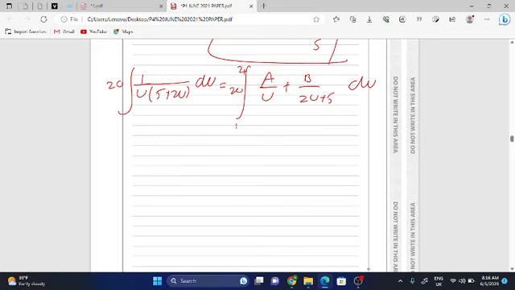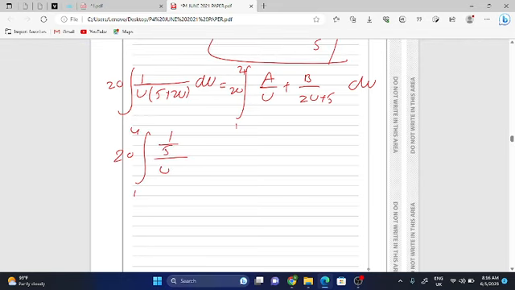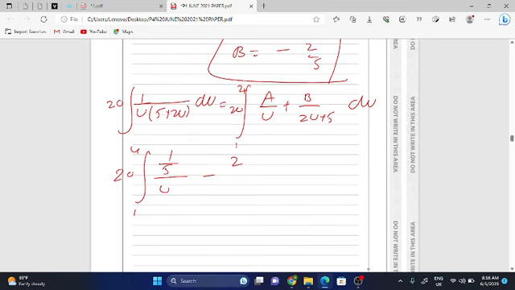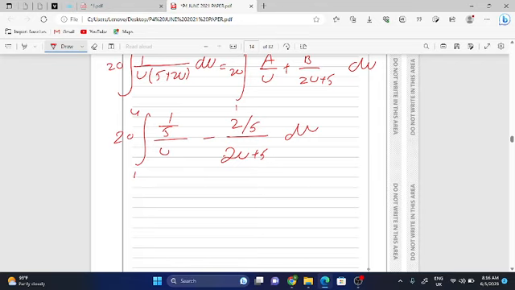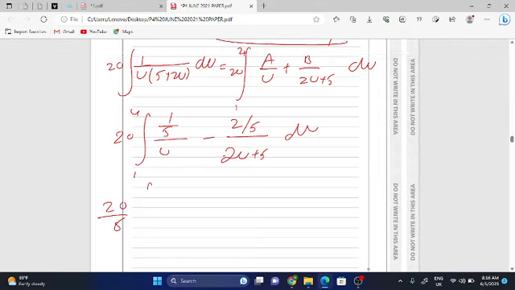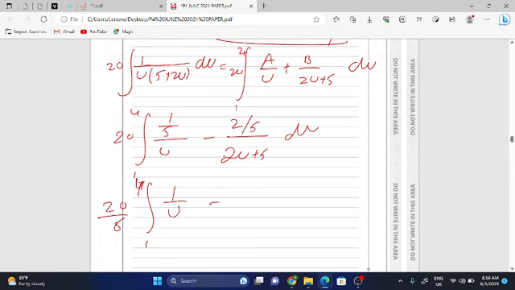So you can plug back its values over here. So 20, 1 to 4, the value of a is 1 by 5, dividing by u, minus b value, minus 2 by 5, so it would be 2 dividing by 5 dividing by 2u plus 5 du. Make some simplification, it gives you 20 by 5 integration 1 to 4 of 1 by u minus 2 by 5 plus 2u du.